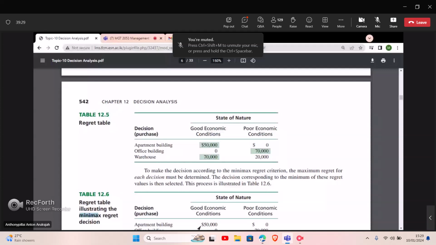With 20,000. Here also minimum is 50,000. If they remove, they will take the max. Mini max. Okay. So that's how it is today.